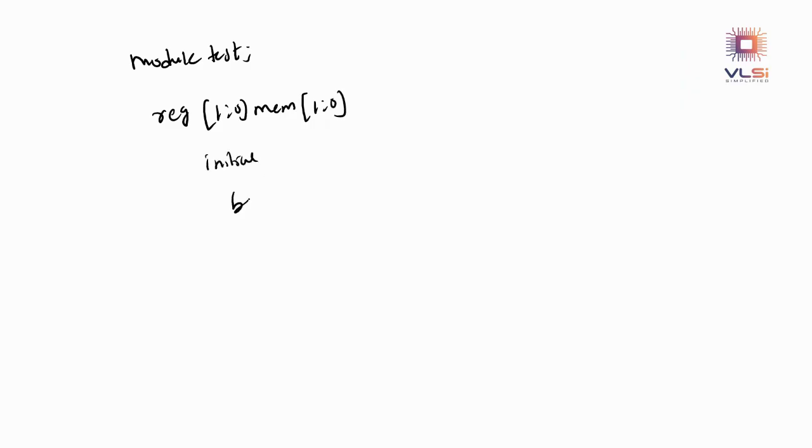And next, if you see, module test, reg, let us take 1 down to 0, mem 1 down to 0, initial begin, mem of 0 equals 2'b10.